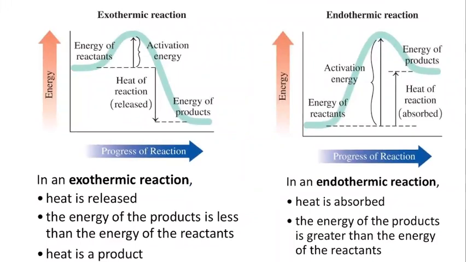This is what is called an exothermic reaction. Like the name implies, exo meaning exit, thermic is going to be that energy. In an exothermic reaction, heat is going to be released, okay?